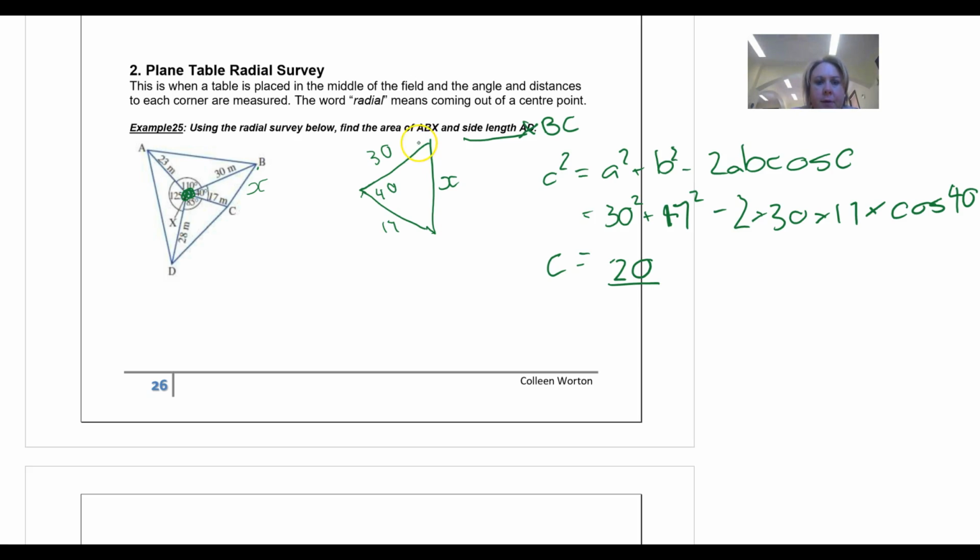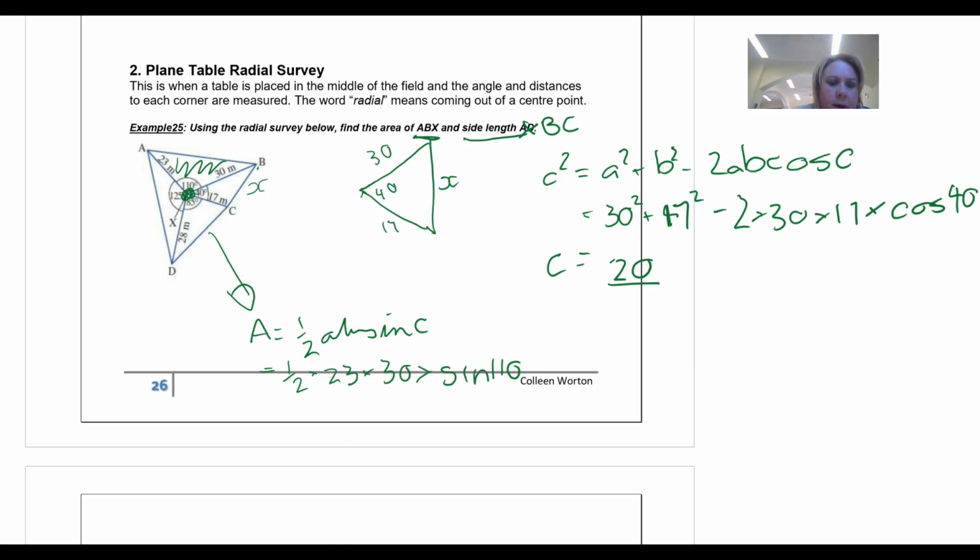The next part says find the area, and I'm just going to do the area of this triangle, even though it wants the area of ABX, this top one. Oh, well, I'll do like the question, ABX, so I'm trying to find this, and it's a non-right angle, so it's half ab sine C: half times 23 times 30 times sine 110.